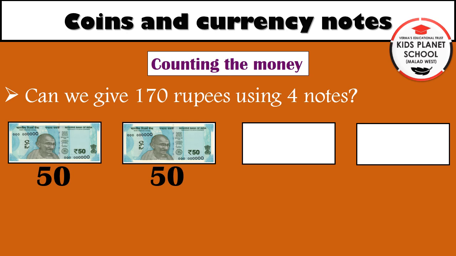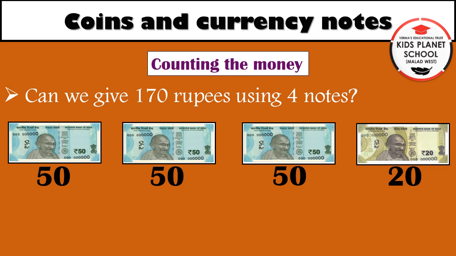Now, if we give one more note of 50 rupee, the amount will become 150 rupees. Till now, we gave 150 rupees. To make it 170 rupees, only 20 rupees is left. So, let us give one note of 20 rupee, which makes 170 rupees.